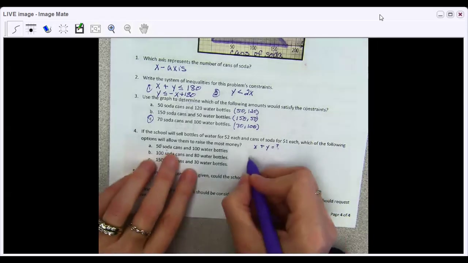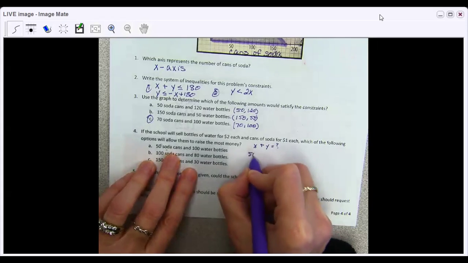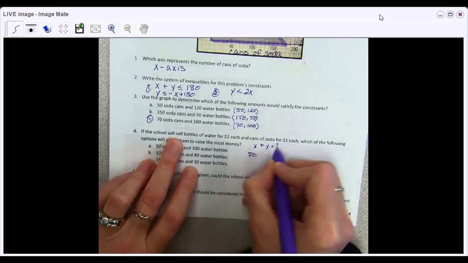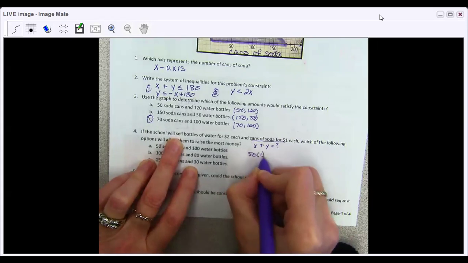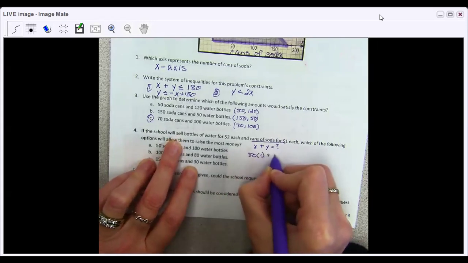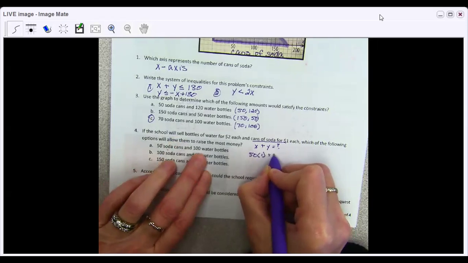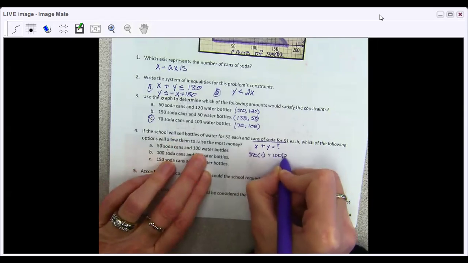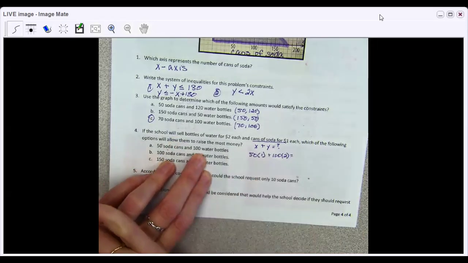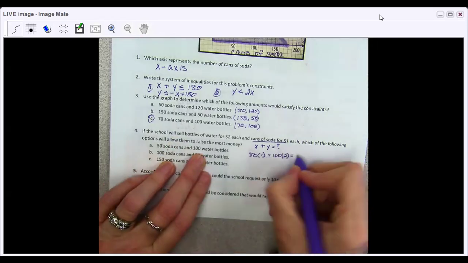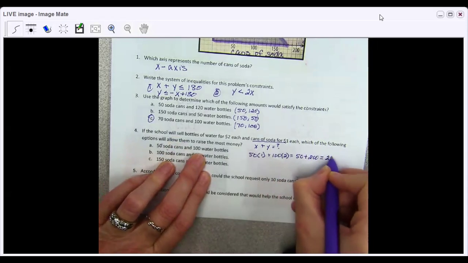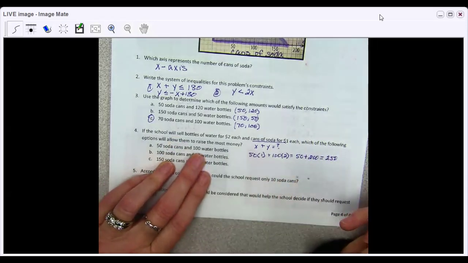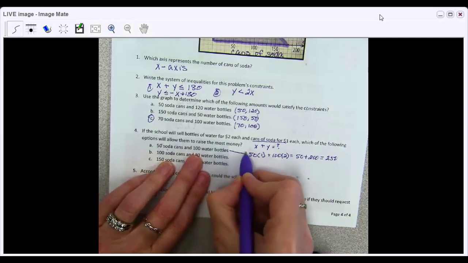So if we sell 50 soda cans, which is $1 each, plus 100 water bottles for $2 each, how much money would we get? We would get 50 plus 200, which equals $250. So that's this one right here.